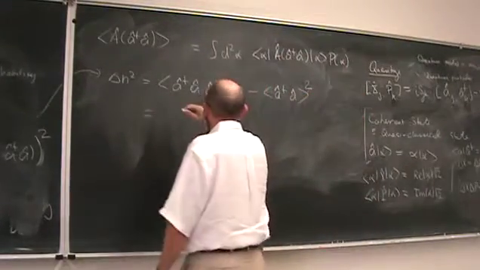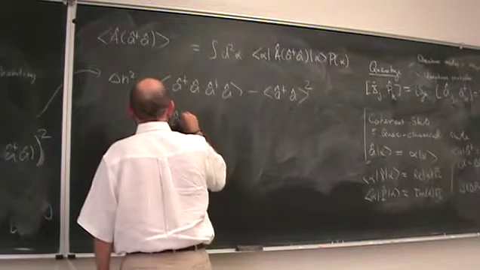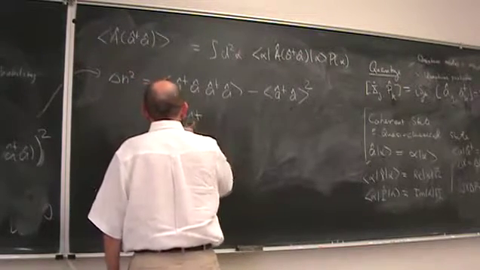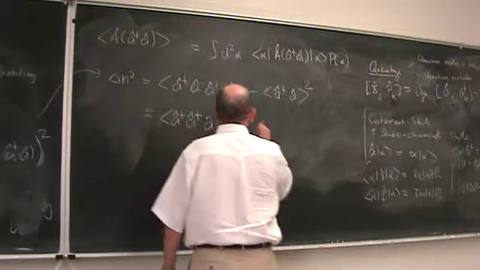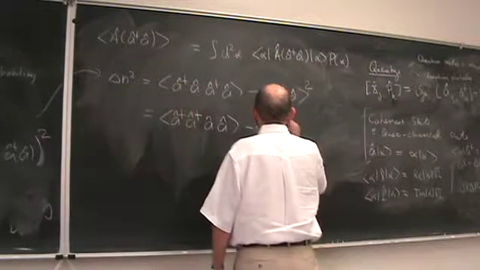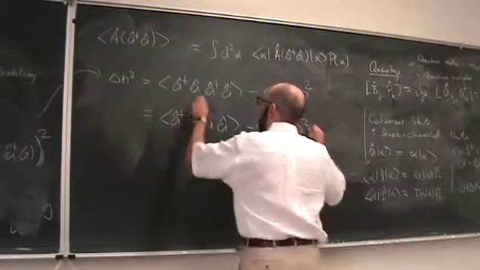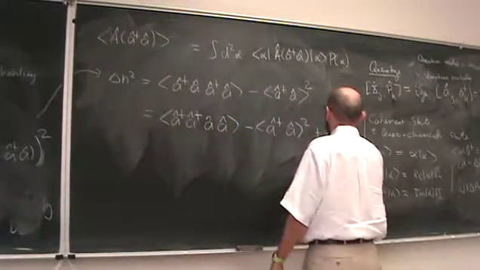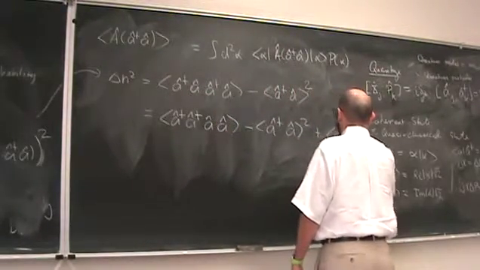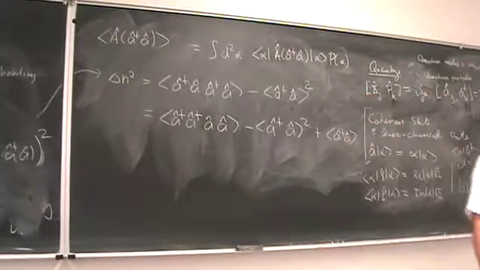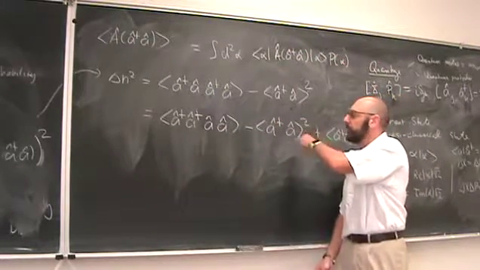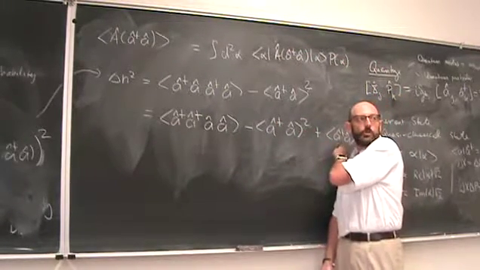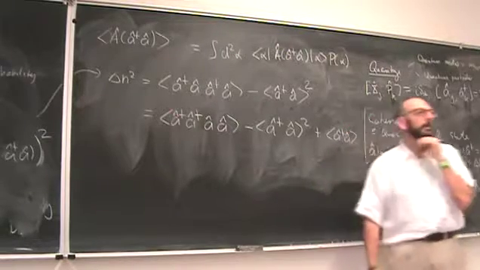And that becomes then A dagger A dagger A A minus A dagger A squared, and then I have the leftover term, which is plus A dagger A.